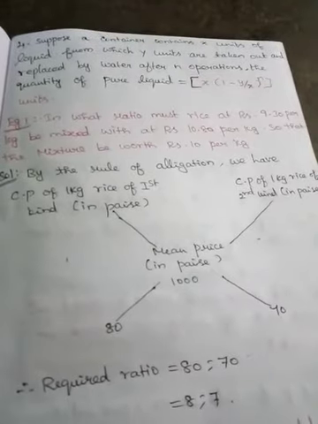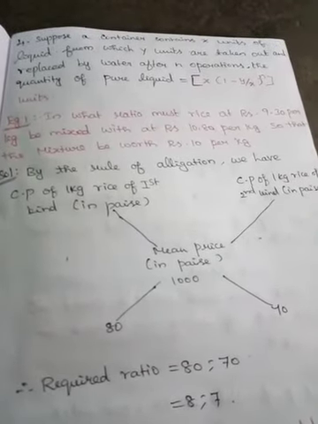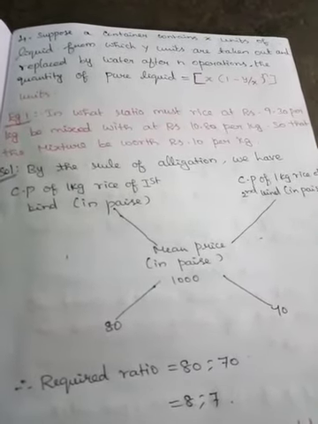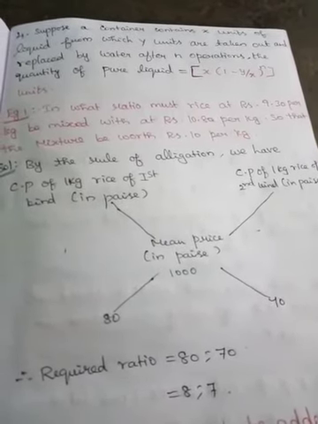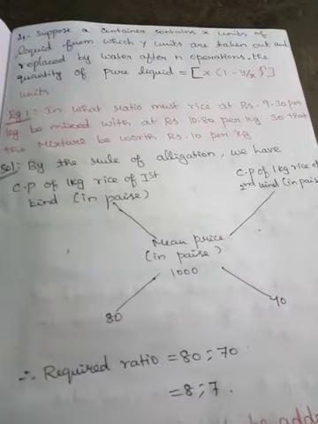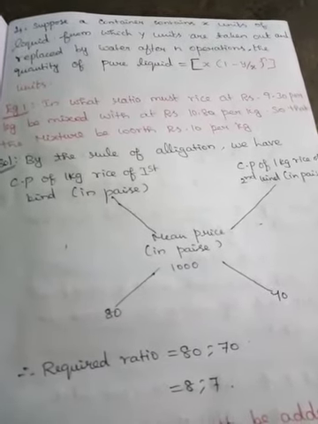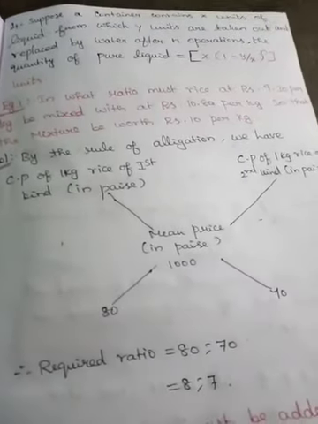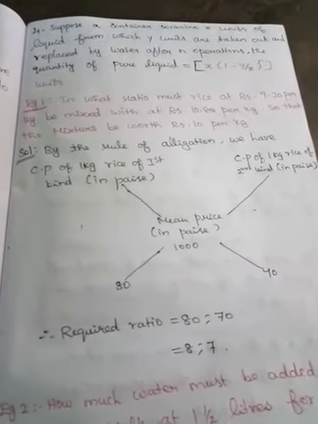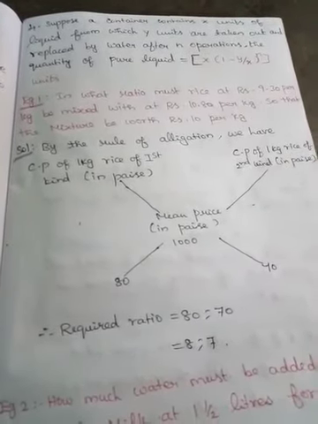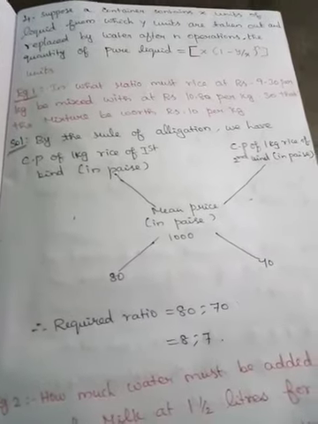Next, example 1. In what ratio must rice at rupees 9.30 per kilogram be mixed with rice at rupees 10.80 per kilogram so that the mixture be worth rupees 10 per kilogram? Solution.